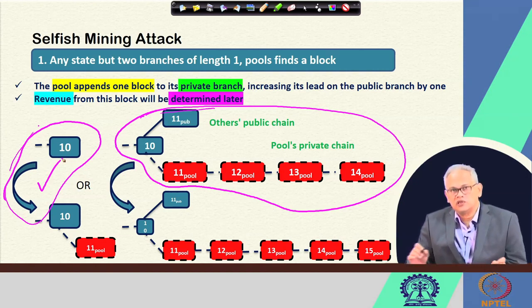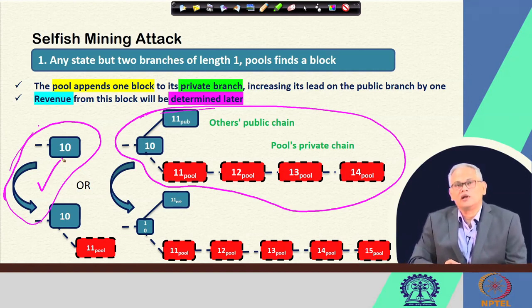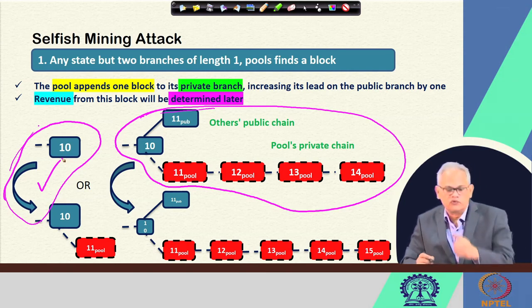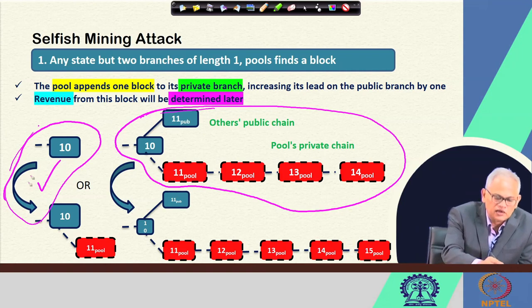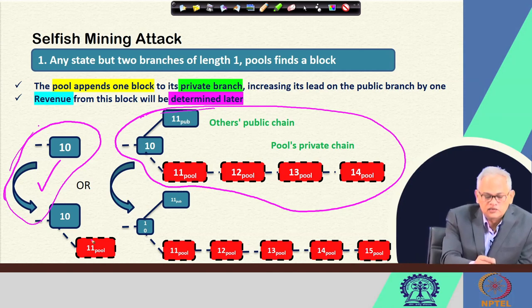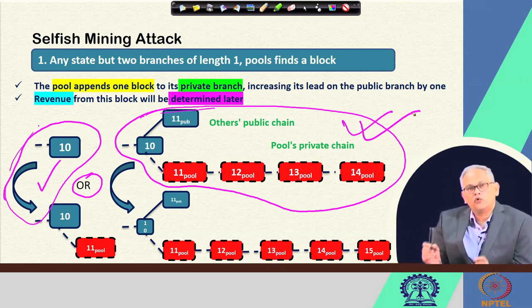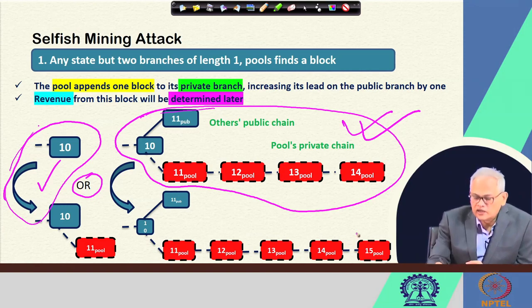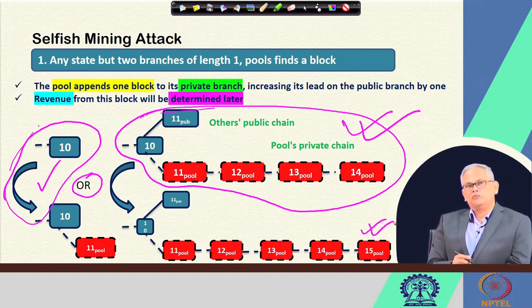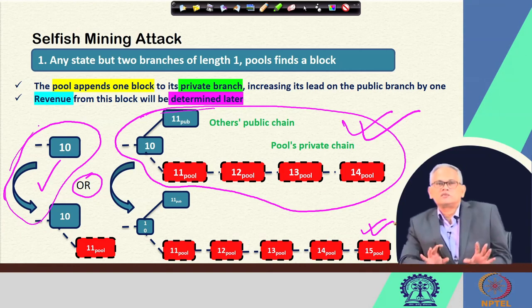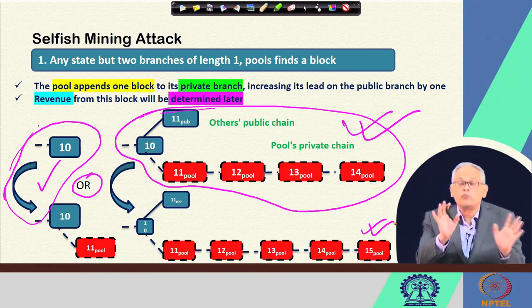If you see that these are all shown with dashed rectangles, it means the attacker has not made them public. So one condition is starting from 10 only and the attacker generating 11 pool. The other, this OR that we denote here, means the other possibility is the starting state is this one, where the attacker had these 11 to 14 already generated, and now the attacker has been able to add this 15 pool.